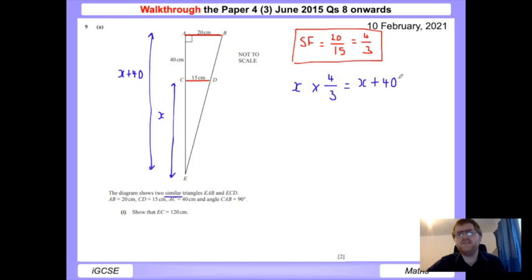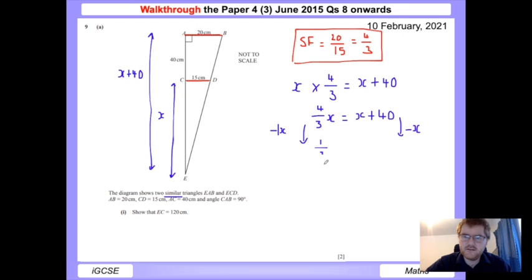And this actually gives us a reasonably straightforward equation to solve. So this times together, we write this in good algebra as 4/3 x equals x plus 40. And this is actually a pretty straightforward equation. Okay, we minus x from both sides, like so. So 4/3 x minus x, this is a 1x, so we get 1/3 x.